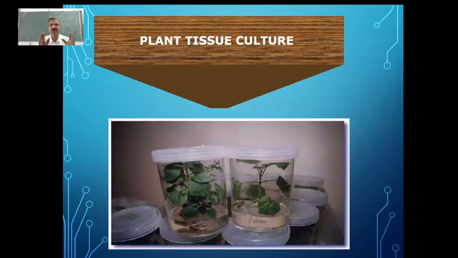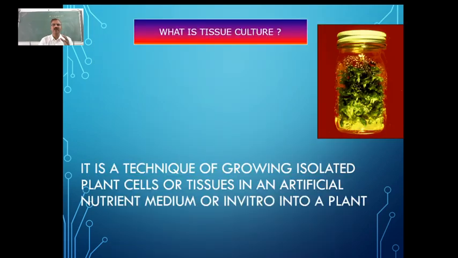Then another important process which we use to multiply plants, especially the ones with desired traits, is plant tissue culture. Wherein we get some portion of the plant, the cells of the plant, which we call an explant, and those cells can be used to get many plants.